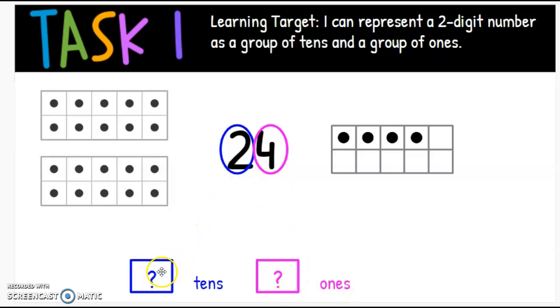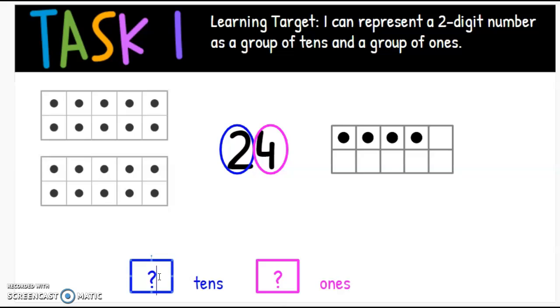So how many full 10s did it take to build the number 24? 2. Very good. If you accidentally said it took 20 10 frames or 20 groups of 10, think about the quantity, how many 20 groups of 10 is. This is only 2 groups of 10.